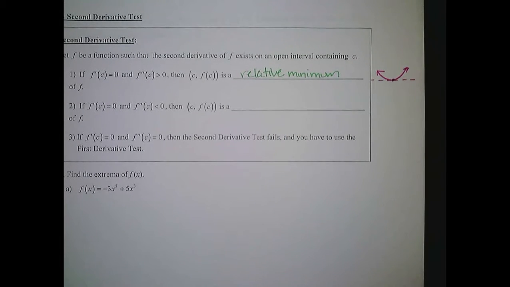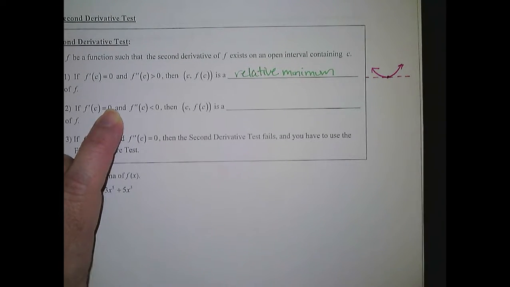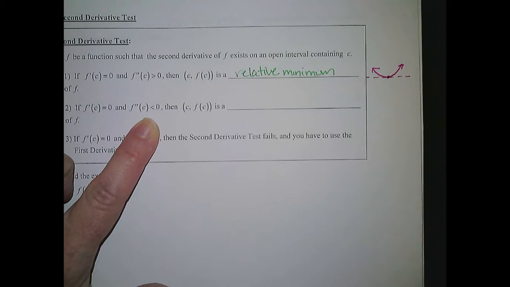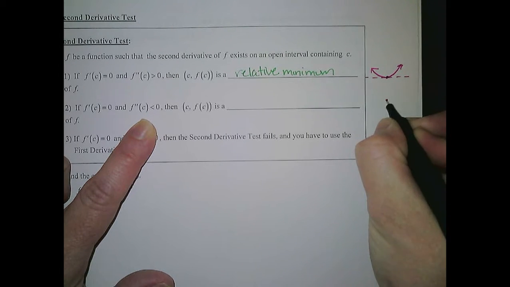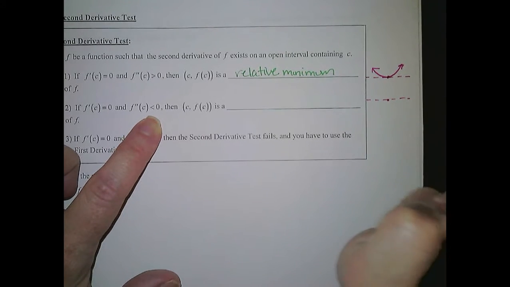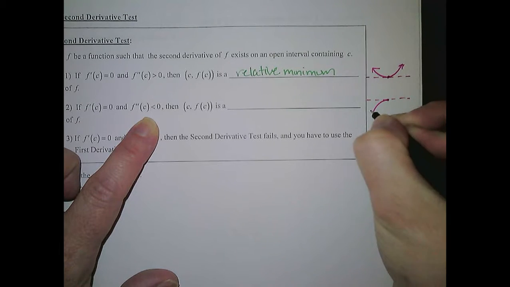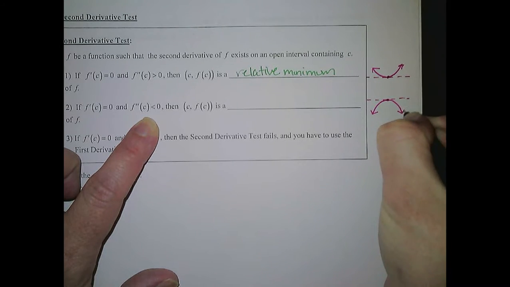Likewise, if we know the derivative is equal to 0 at that point, and the second derivative is negative, less than 0, then again we have a point with a horizontal tangent line. But this time the graph must be concave down at that point.